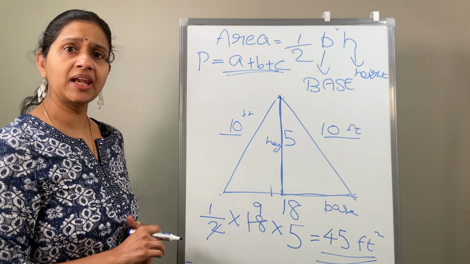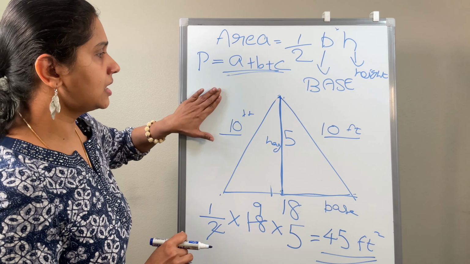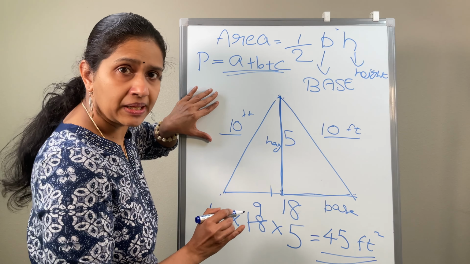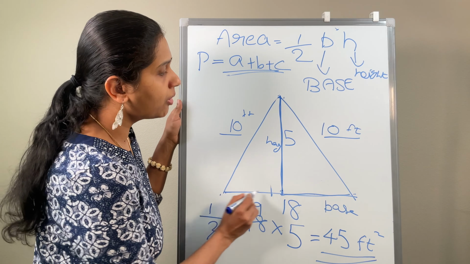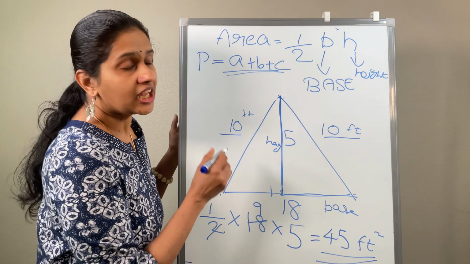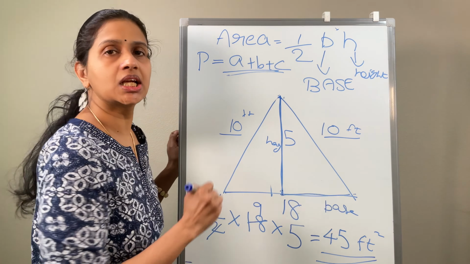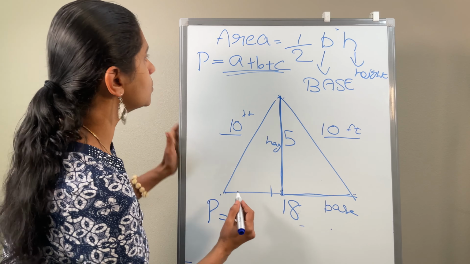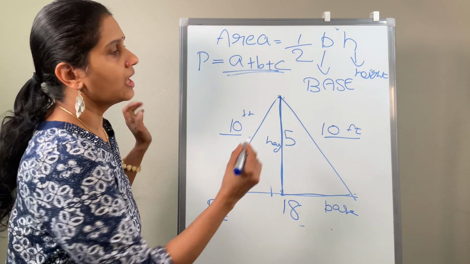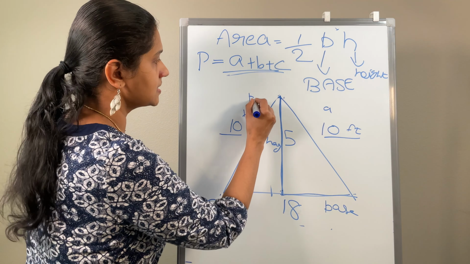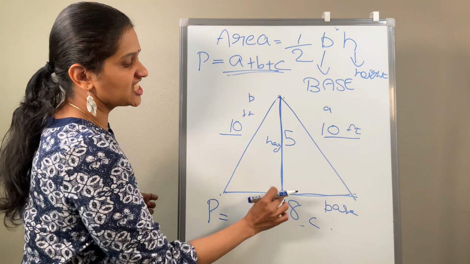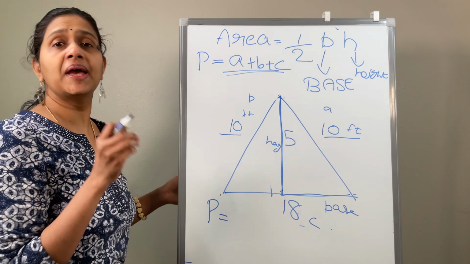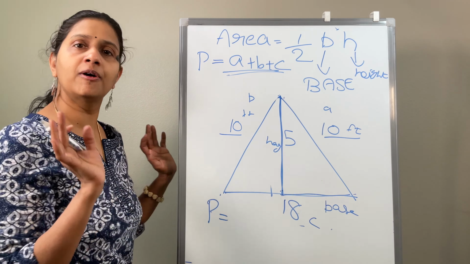Now what about the perimeter for this? As I told you, the perimeter is simply the sum of all the sides. In that case, you should not consider this height. So for finding the perimeter, it's going to be A plus B plus C. So this is A, this is B, this is C. This is H, height. You should not consider height for finding the perimeter of this type of triangle.